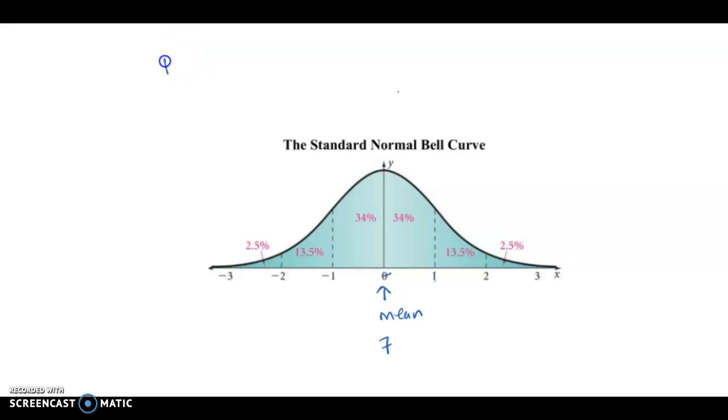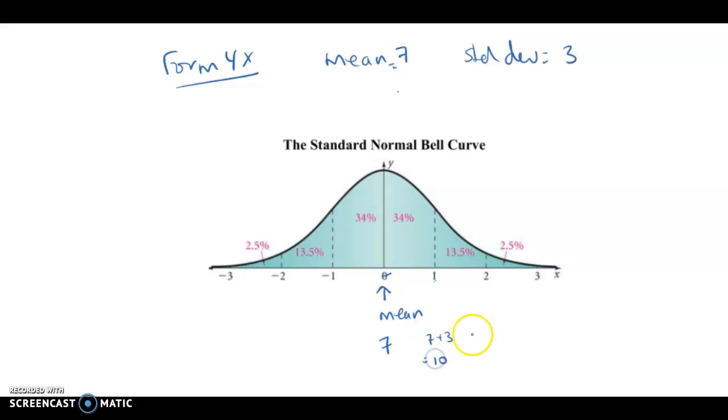So say we are looking at 4X, where my mean was 7, and my standard deviation was 3, then this value here will be 7 plus 3, which will be 10, whereas this value here will be 7 minus 3, which will be 4. So this point here and this point here is actually 1 standard deviation away. This one is adding 1 and this one is taking away 1.